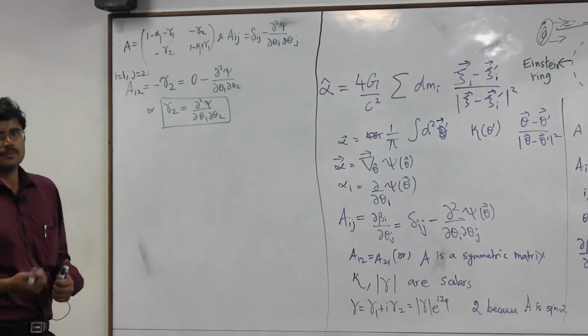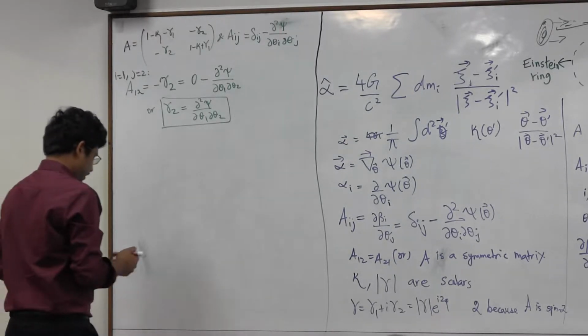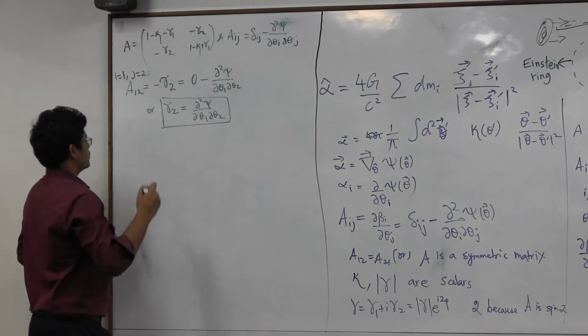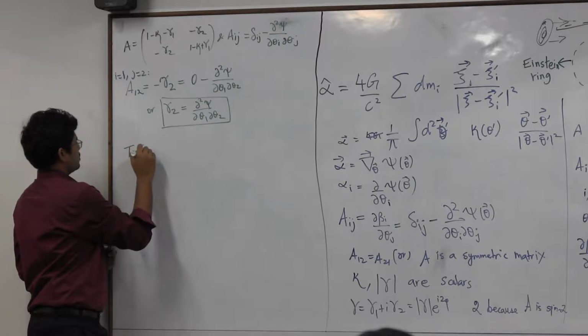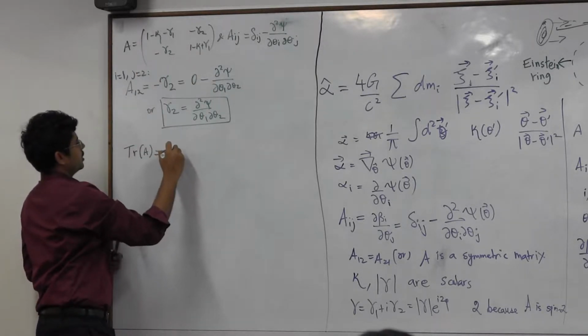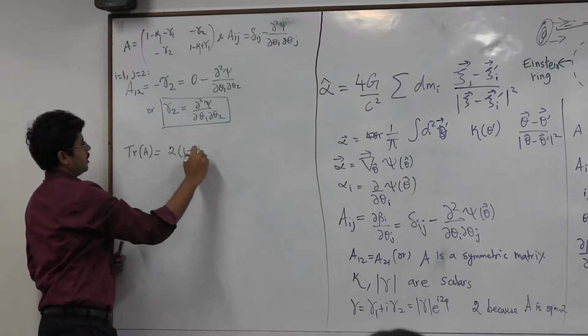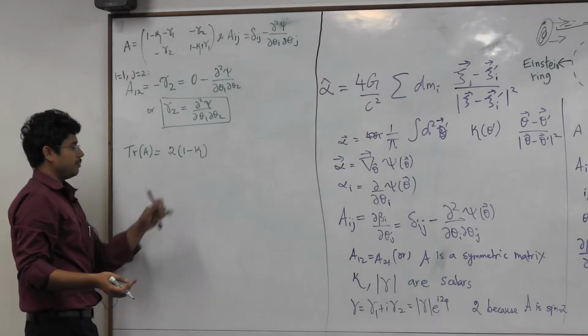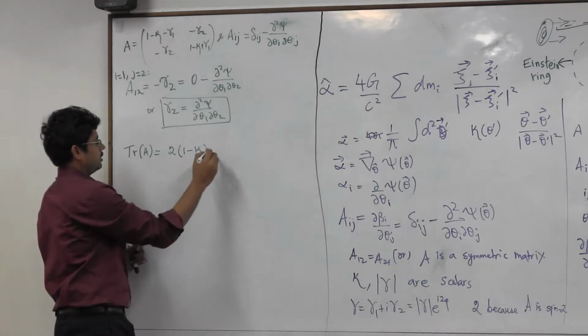Yeah. So you can start with the trace of the matrix. Trace of this matrix would mean you add these two. So you get 2 times 1 minus kappa. The gamma 1 cancels. So we've already separated gamma 1 and kappa here.